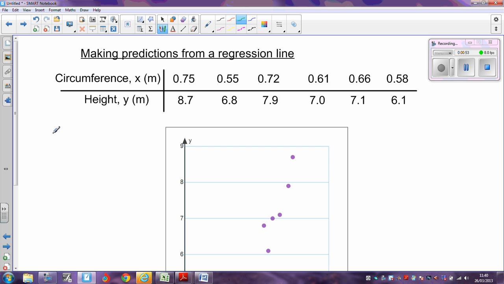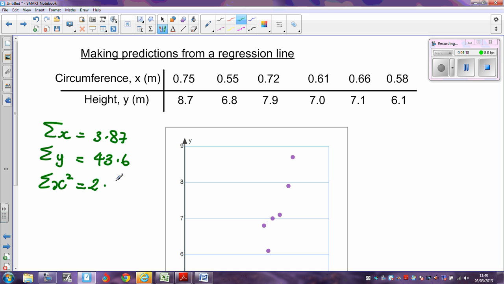So I know that sigma x is equal to 3.87. I know that sigma y is equal to 43.6. Sigma x squared comes out as 2.5275.